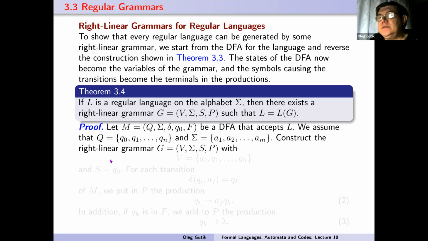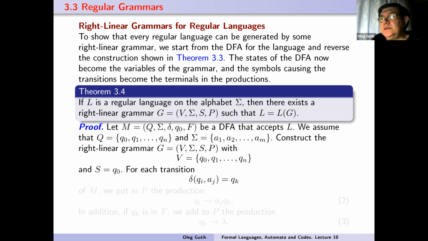Construct the right linear grammar G with variables q0, q1, so on, qn, and the start variable S equal to q0.